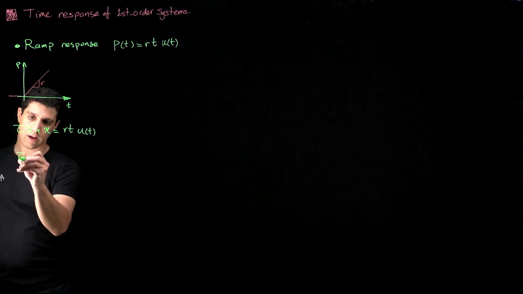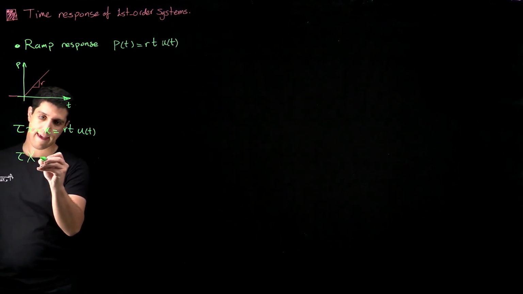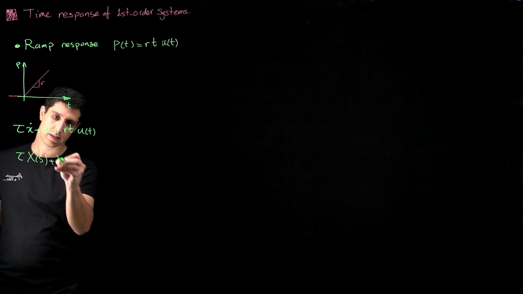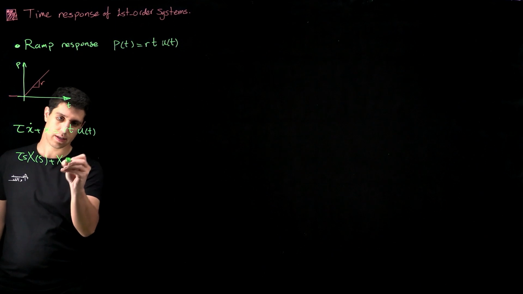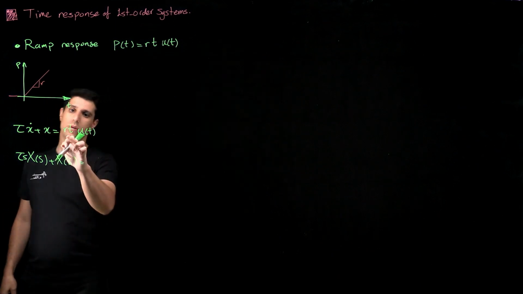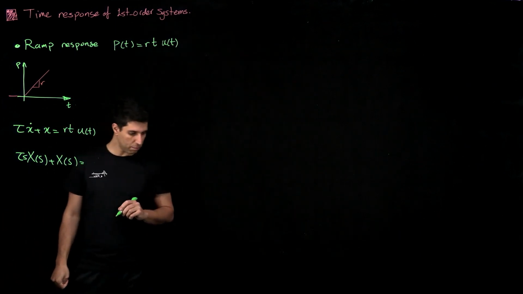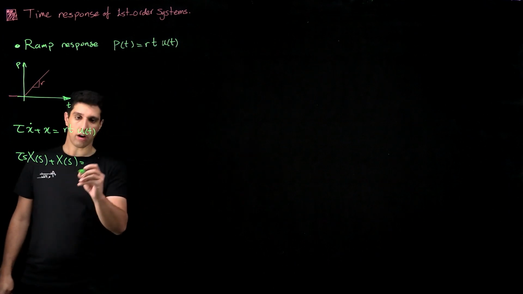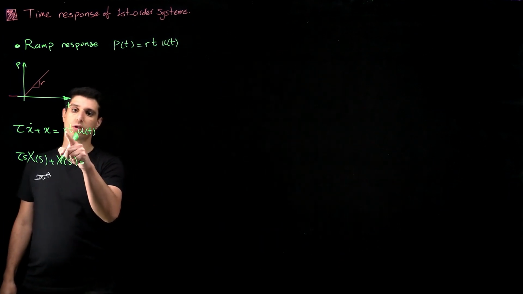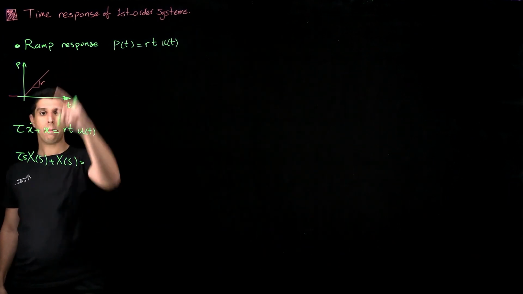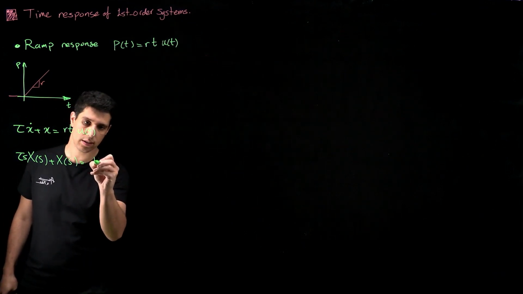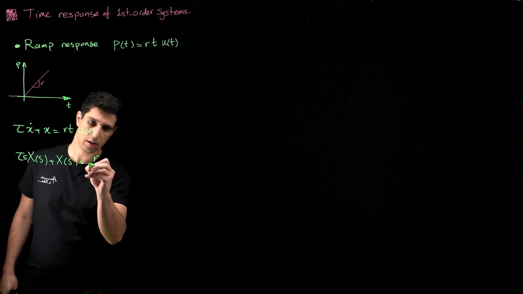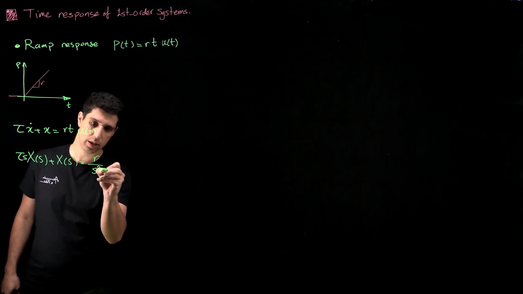I have tau s x of s plus x of s equals, this one has a Laplace transform of, this ramp is 1 over s squared multiplied by the constant rate, r over s squared.